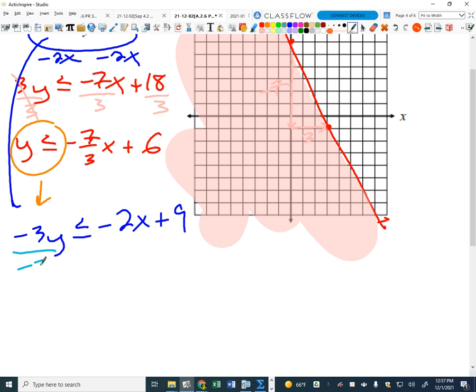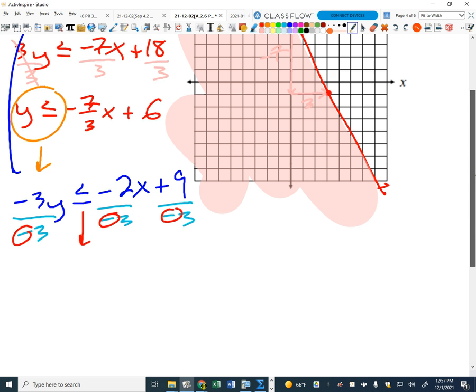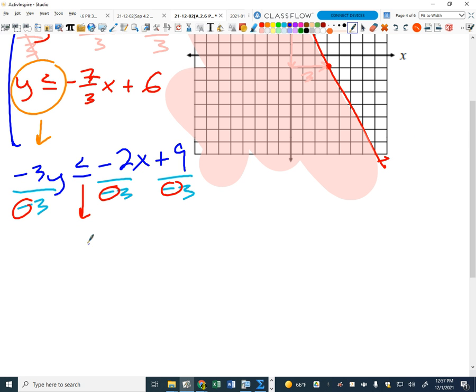Good, I've got to remember to switch the inequality, don't I? Because I'm dividing by a negative. So that's going to get flipped around. And I get the negative 3's cancel. I get a y. Negative 2 divided by negative 3 is positive 2/3 x. 9 divided by negative 3 is negative 3, right?